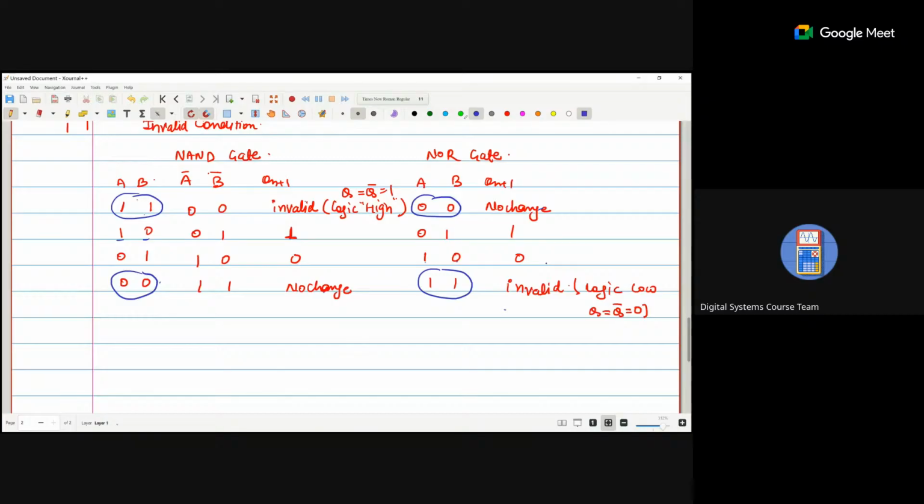Okay, so what we do now, in place of Q bar 2n plus 1, I just place 2n plus 1 bar. That means in the NAND gate, in place of A, I am using A bar. In place of B, I am using B bar.